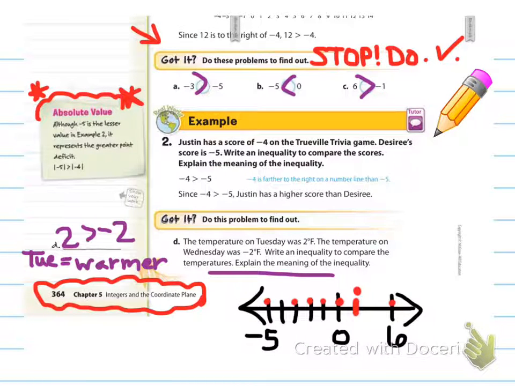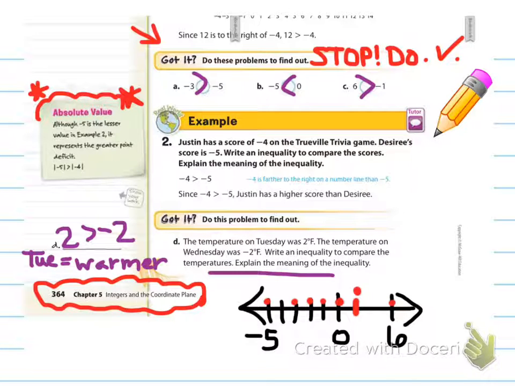Okay, and here are the answers filled in for the got it's on page 364, where you are comparing integers using the inequality signs. The inequality signs just means the less than or greater than symbol. So with got it, letter A, negative 3 is greater than negative 5.